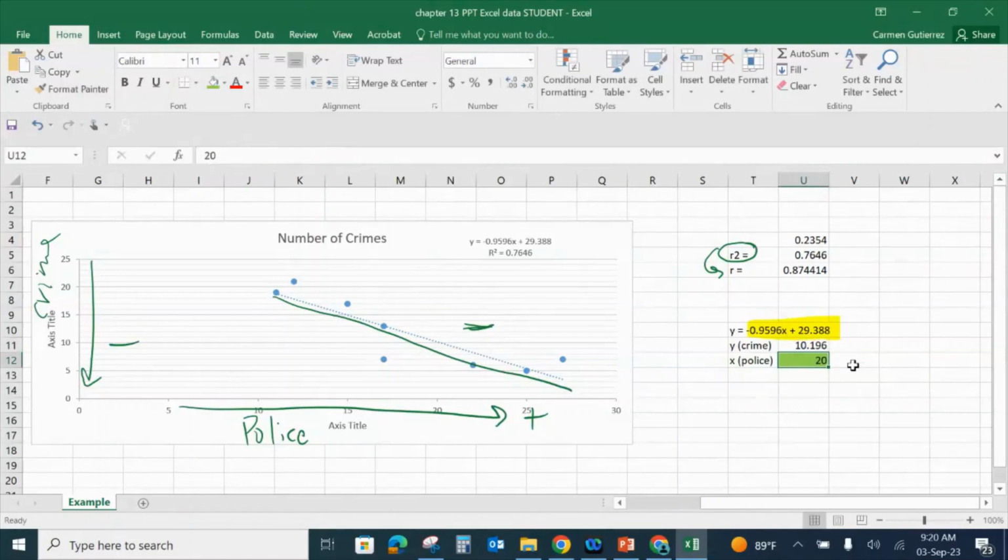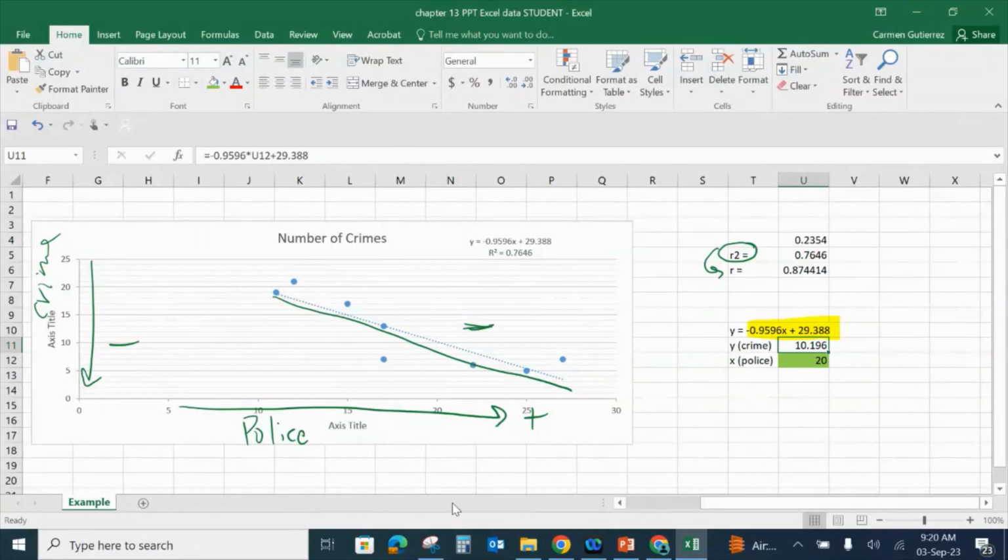So there it is. Now, if they were to tell me, what about if we put 5 police? Okay, this is 24. If I have no police, then it's 29, which is your y-intercept, right? And if I have 40 police, ooh, negative. Negative crime means no crime, okay? So in this case, I've asked for 20. What is the number of crimes when they have 20 cops?